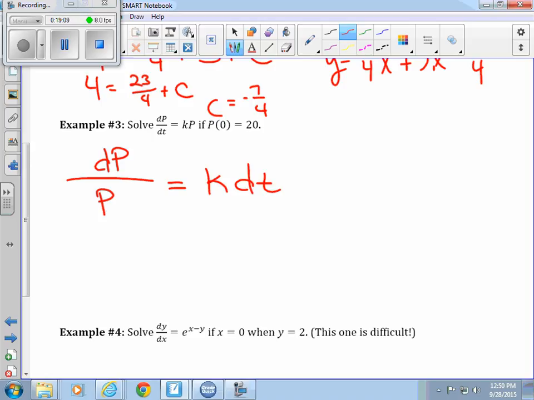I need to divide by the P and multiply by the dt. And you can do that in multiple steps if you need to. But you need all of the P's on the left and all of the t's on the right. Integrate both sides.